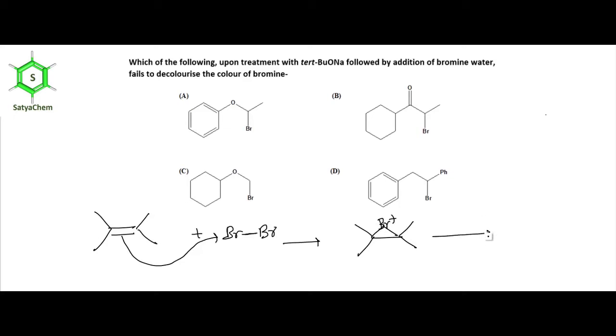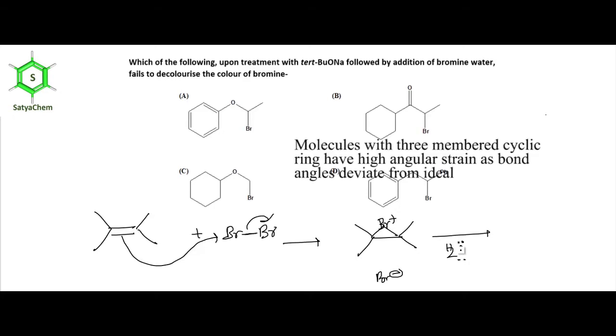Now we have water molecules. Water is a good nucleophile, and the cyclic bromonium ion is not very stable because there is too much bond strain due to the triangular shape.